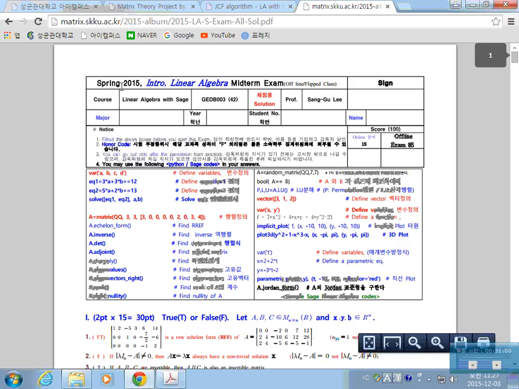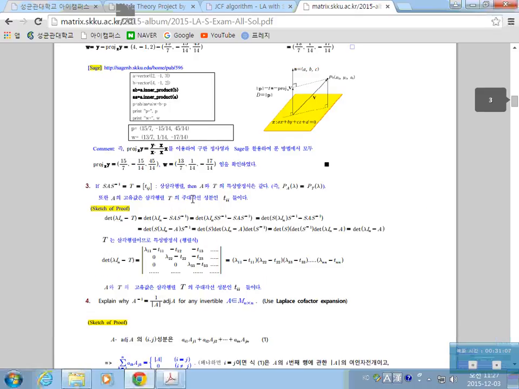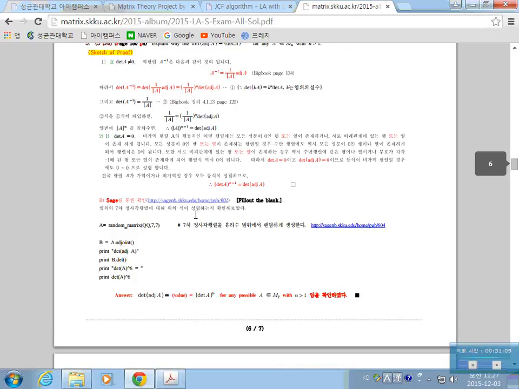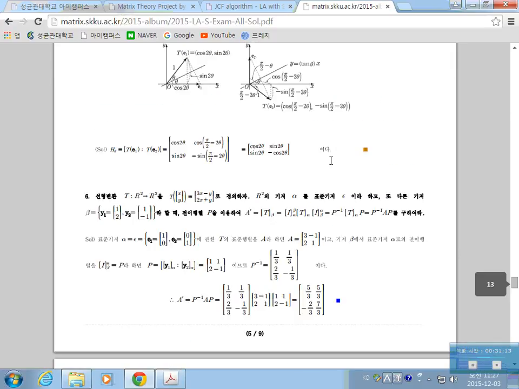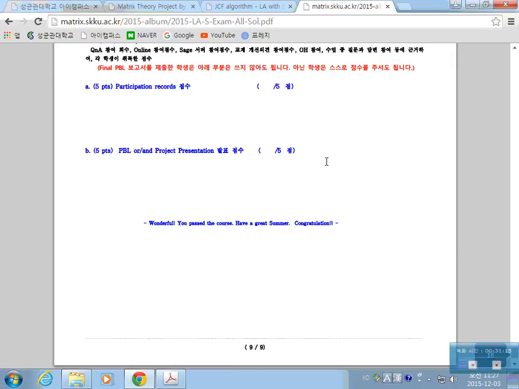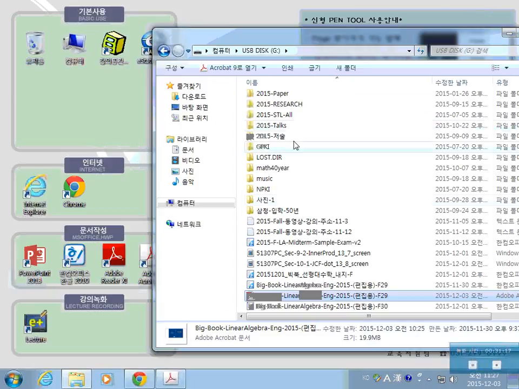This is the final exam of the spring semester of 2015. And you may see how it worked. And simple exams and midterms and finals and project and participations as well.